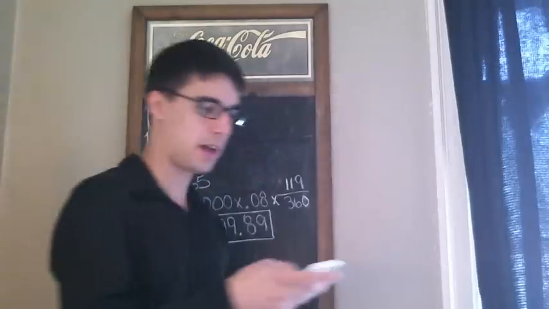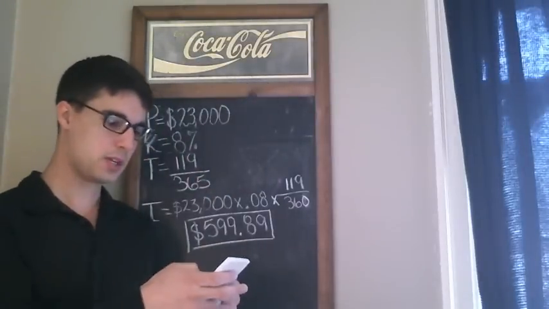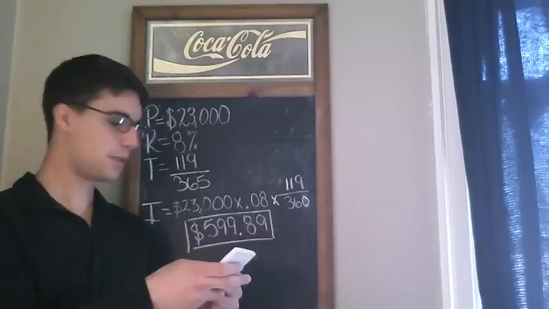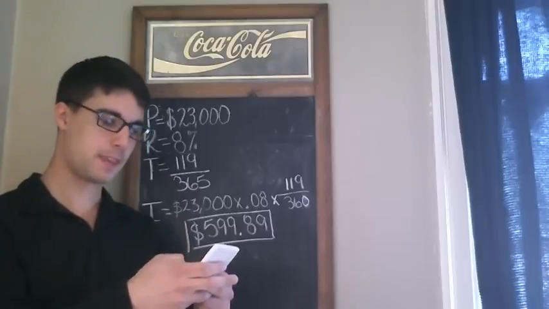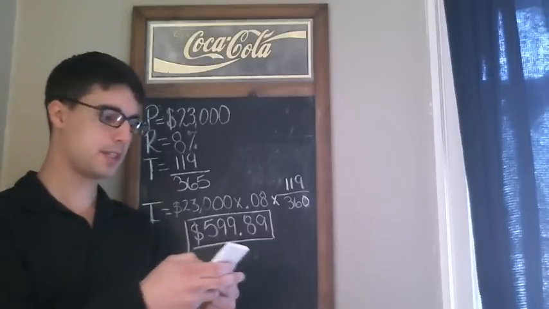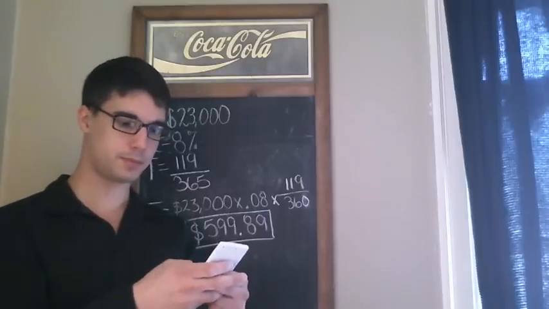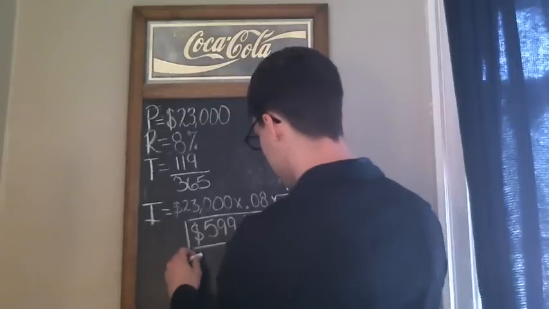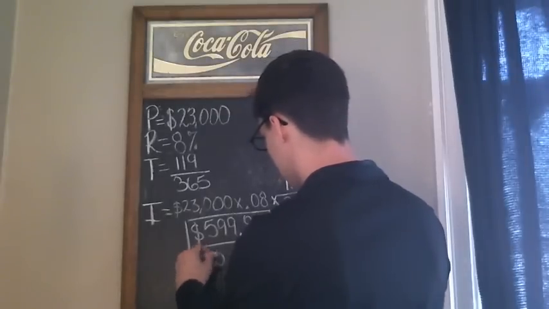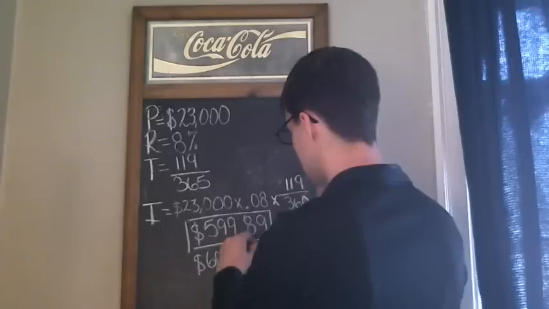And then let's plug that one into our calculator and see what we come up with. So 119 over 360 times 0.08 times 23,000. And here we get $608.22.